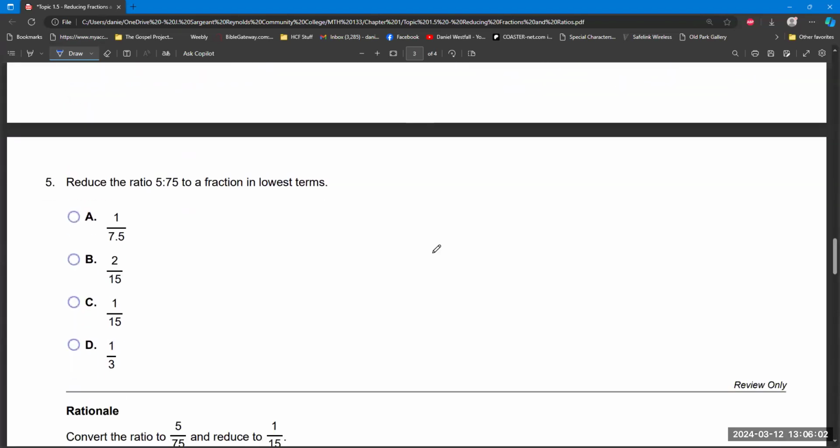Here we go. Now the ratio of 5 to 75. So this is 5 times 1, and this is 5 times 15. So this is going to be 1 to 15. And with ratios, we don't have decimals left in the numerator or denominator. We have whole numbers, or at least integers.